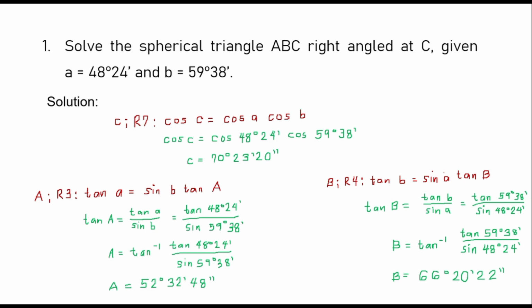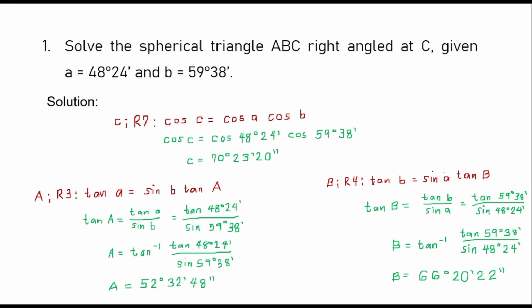Then let's solve. We have a is equal to inverse tan of tan 48 degrees 24 minutes over sine 59 degrees 38 minutes. Then simplify. The result is a is equal to 52 degrees 32 minutes 48 seconds.